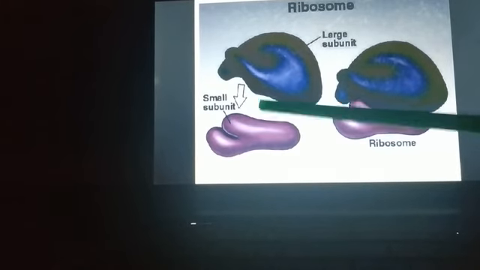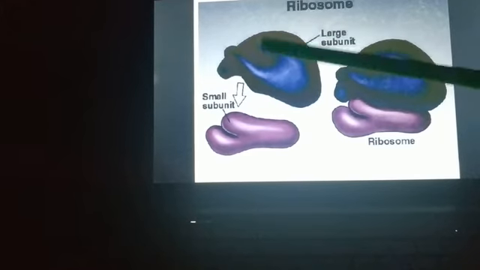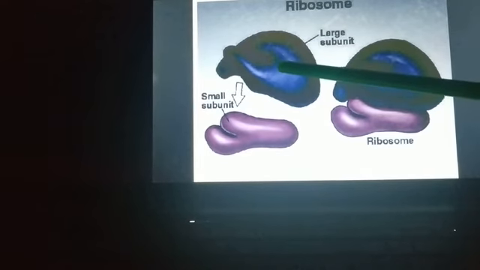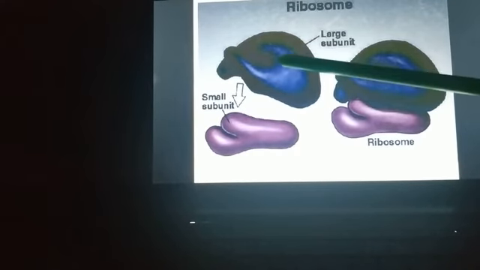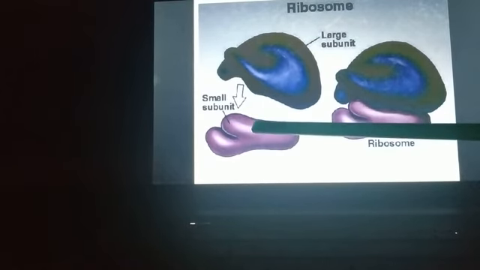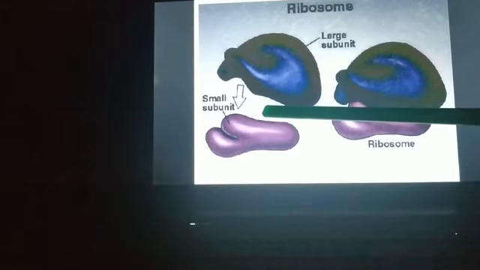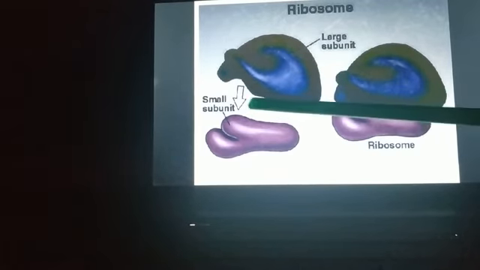There's another difference between prokaryotes and eukaryotes. In the ribosomes present in prokaryotes, that is the 70S type, the larger subunit is 50S and the smaller subunit is 30S. Students, remember here we are not doing addition. 30 and 50, we are not adding them.